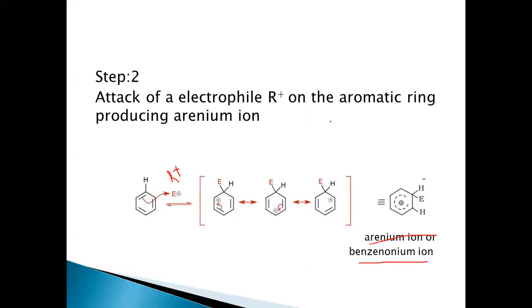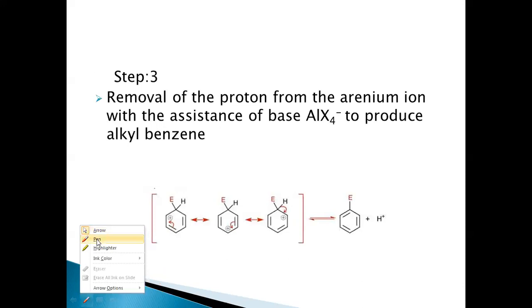Here, there are three resonance structures possible for this arenium ion with the shift in the position of the double bond. The electrophile attacks at this position, the positive charge is on the next carbon, and with the shift of the double bond there are three structures possible, shown by the resonance hybrid, which is called an arenium ion. And the third step is the removal of the proton.